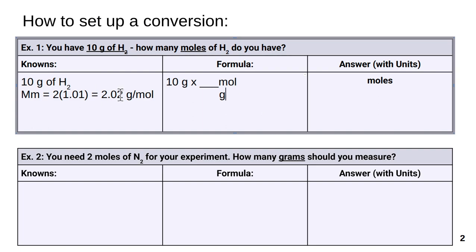Then I'm going to use my molar mass to fill in that ratio. 2.02 is the number of grams in 1 mole. So the 2.02 goes on the bottom and the 1 goes on the top. When I put this in my calculator, I can just put it in the calculator in order. 10 times 1 divided by 2.02.